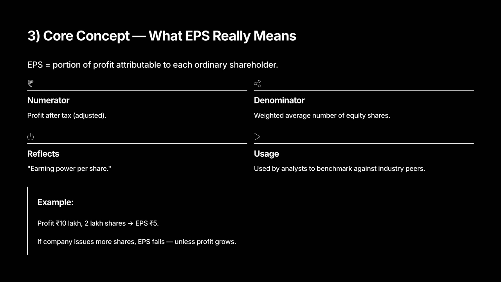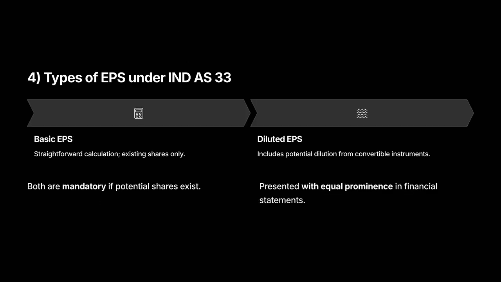For example, if a company earns 10 lakh rupees with 2 lakh shares outstanding, EPS equals 5 rupees per share. If more shares are issued without increasing profit, EPS drops, showing dilution.